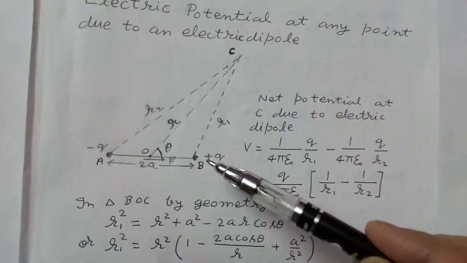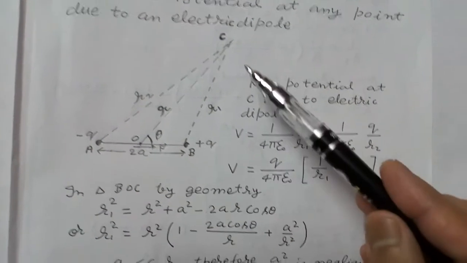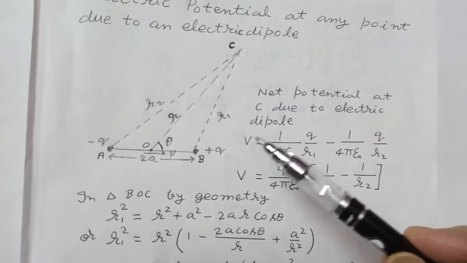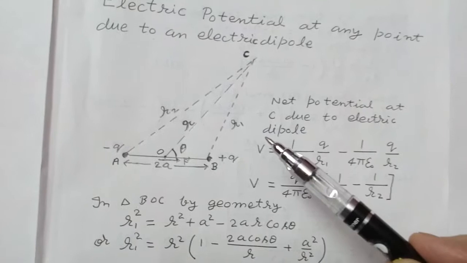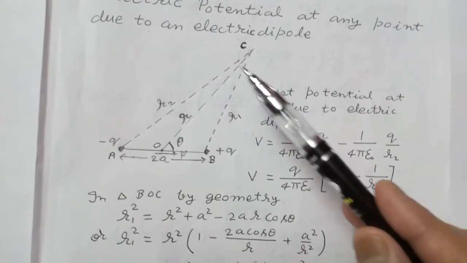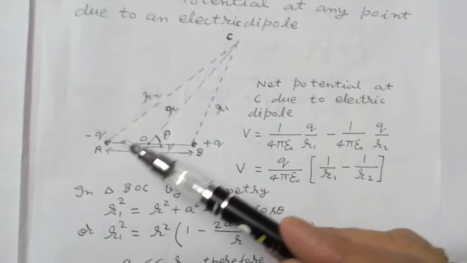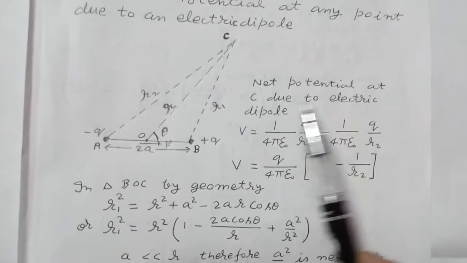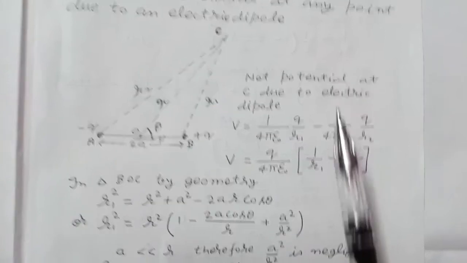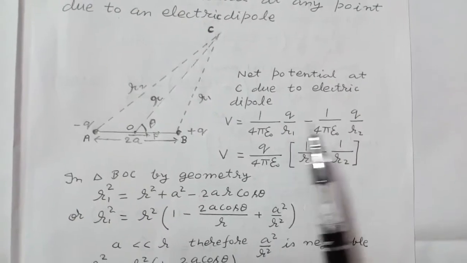Now potential due to plus q charge at C will be equal to 1 upon 4 pi epsilon naught q by R1, which is positive, and potential at C due to minus q charge is 1 upon 4 pi epsilon naught q by R2, which is negative. So net potential at C is the algebraic sum of these two potentials.